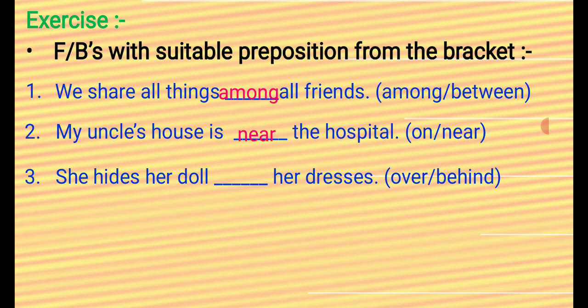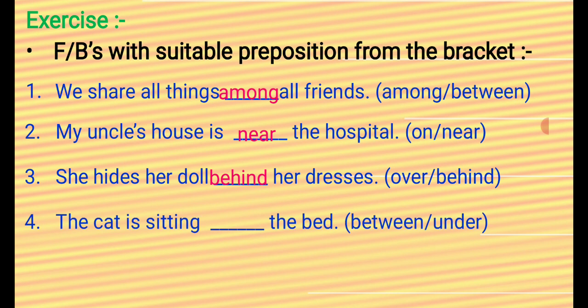The third sentence. She hides her doll dash her dresses. Always remember one thing: when you hide something, we use only one preposition, and it is behind. So here behind is the answer.